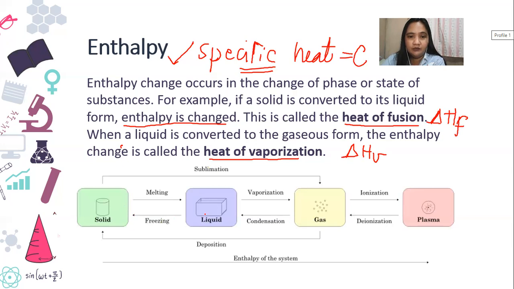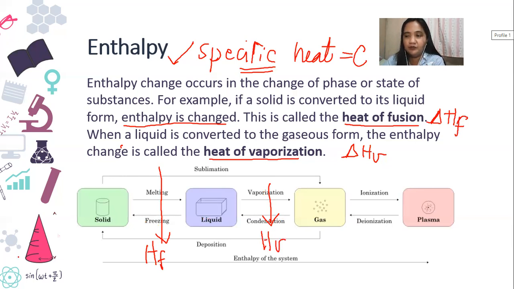When it's solid to liquid, fusion happens in this area. When the solid becomes liquid, and vice versa, melting, and when the liquid freezes to solid, this is where your delta HF happens. And for this portion here, this is where HV, or vaporization, happens.